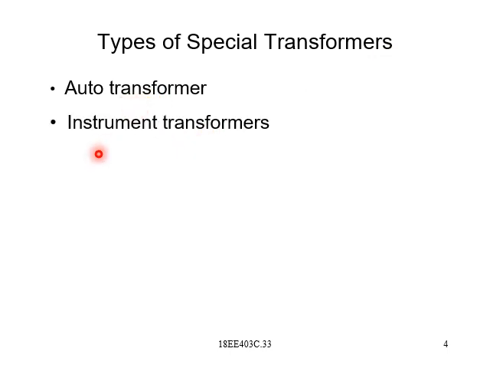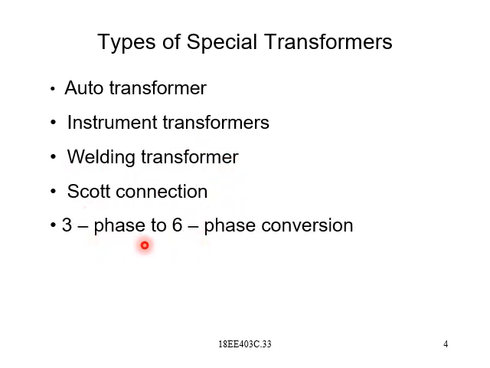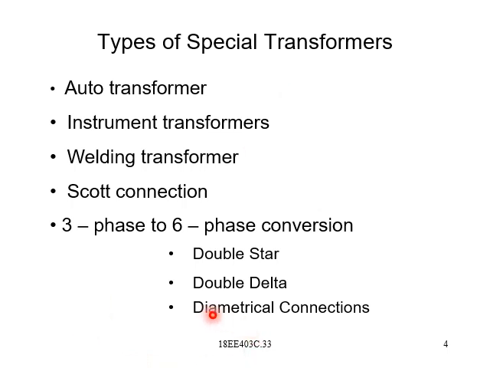Now we'll move on to the types of special transformers. First one is auto transformer, then instrument transformers, welding transformers, Scott connection, and three-phase to six-phase conversion, that is double star, double delta, and diametrical connections. So these are some types of special transformers.